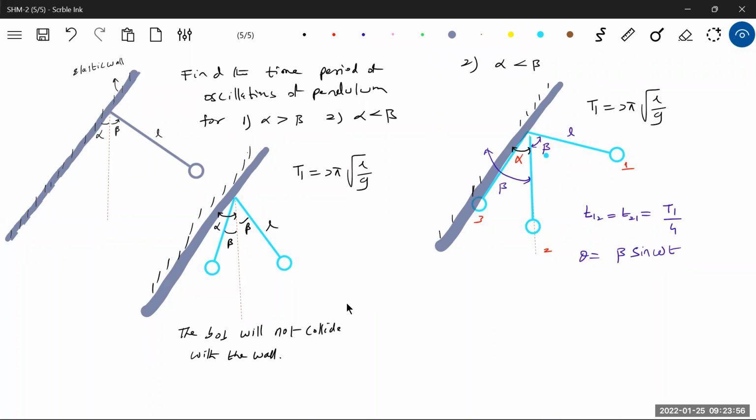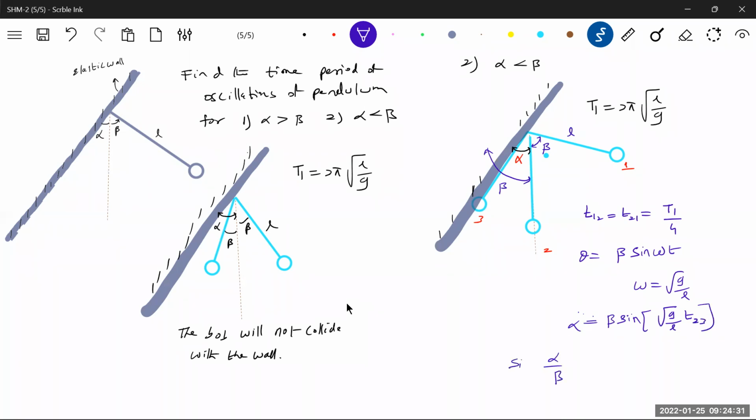Omega should be equal to root of G by L. Time taken for the angular displacement to become alpha is equal to beta. Agreed. So this is the time taken to move from 2 to 3.